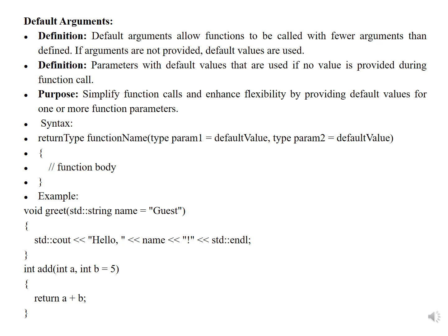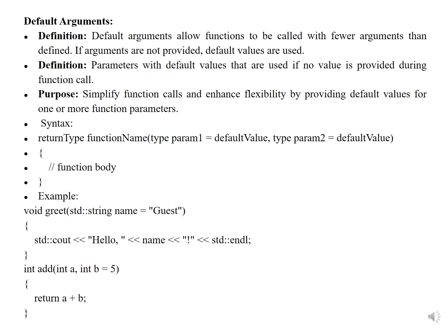For example, we have written like this: void greet open bracket std::string name equal to guest, close the bracket, open curly bracket, std::cout hello name std::endl. So like this, if you pass the parameter name while calling the function, it will accept.